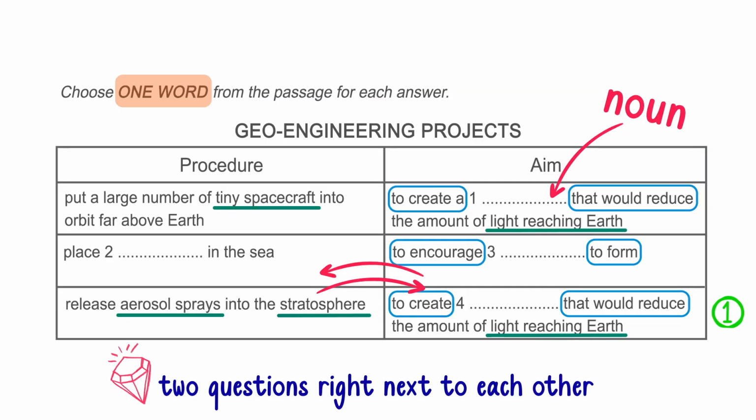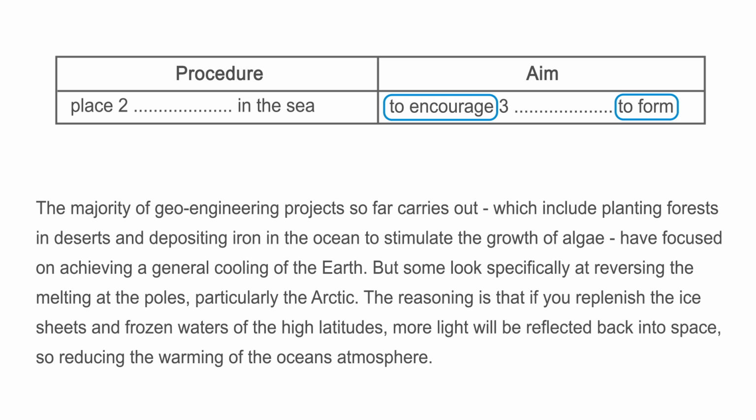Our next two questions, question number 2 and number 3. Place blank in the sea to encourage blank to form. What we are going to do? The thing here is that we do not have many words, of course. We only have "place", so placing something, and then after that, we have blank, question number 2, and then "in the sea". So "place" is our keyword or a connecting word.